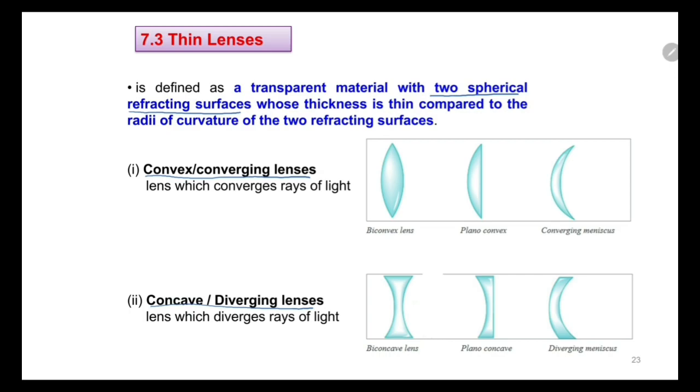Each category has three types of lens: either biconvex lens or biconcave lens; plano, either plano-convex or plano-concave lens; and meniscus, either convex meniscus or concave meniscus.